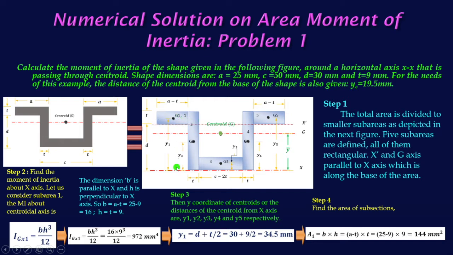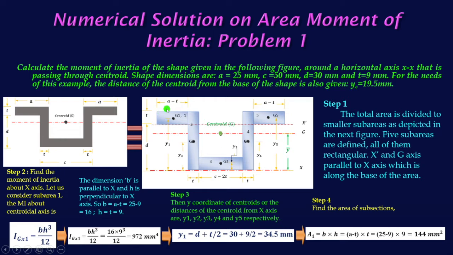Then what is the distance between these two axes? Here to here is the distance, y1. So how can we calculate y1? y1 equals this distance plus this: from here to here it is d, and here to here it is t by 2. So d plus t by 2 equals 34.5.